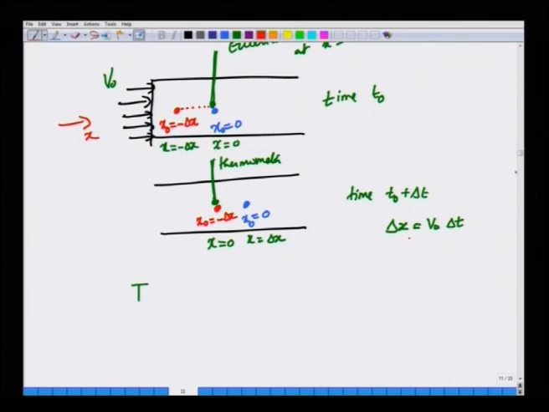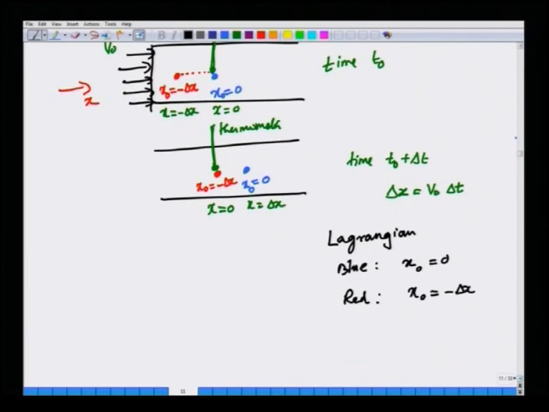So, the Lagrangian label of the blue particle is x naught equal to 0, and the Lagrangian label of the red particle is simply x naught equal to minus delta x.